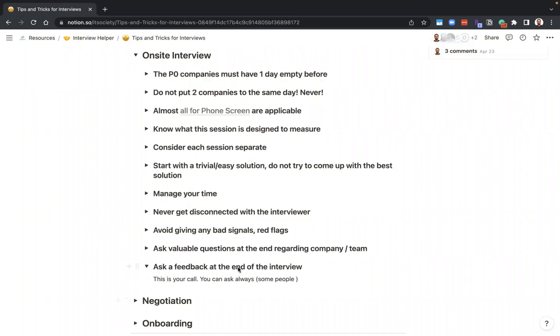I will put both opinions here: always asking will have a better contribution to their judgment, versus asking only if you think it's not going well enough, to end the interview on a positive vibe, as Ozan told. I will add both ways here.